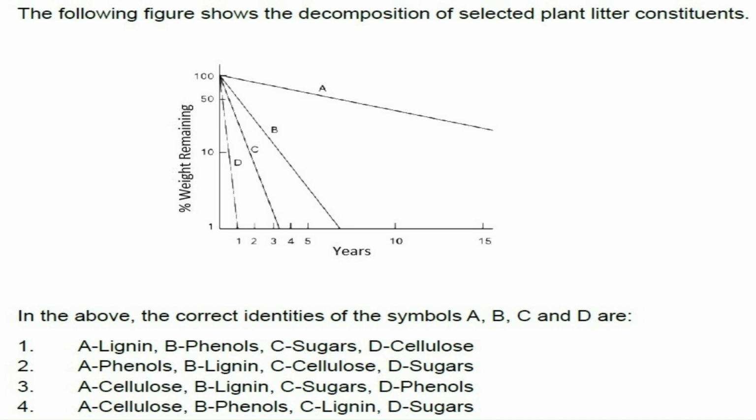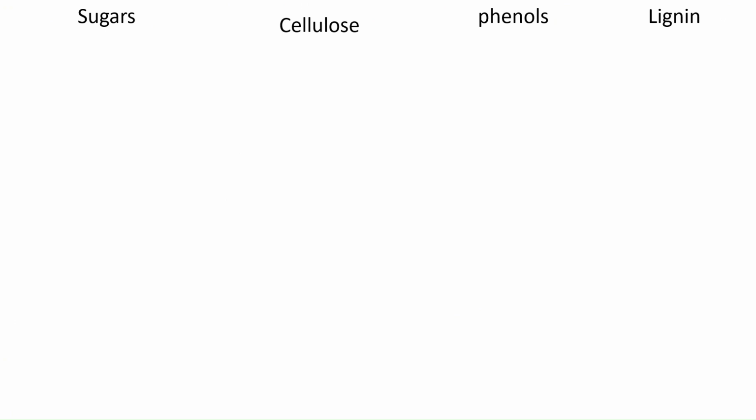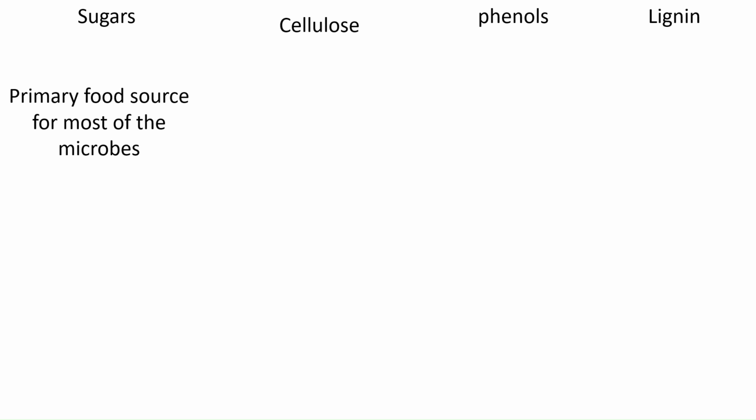So first we'll take a look at all of these four compounds and see if we can determine the answer from their properties. Starting with sugars, they are the primary food source for most of the microorganisms present in the soil.